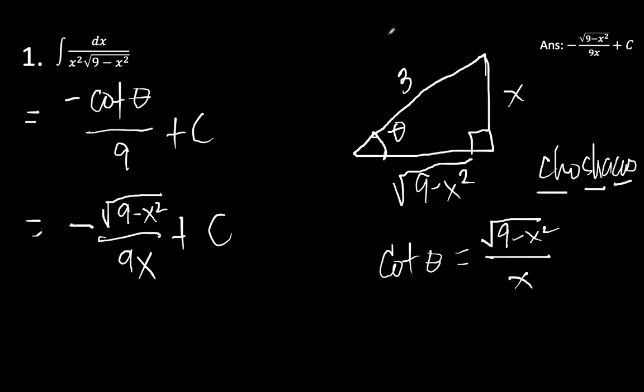So our final answer for problem number 1 is negative square root of 9 minus x squared over 9x plus c. So this is our final answer for this problem. And I hope you got that correctly as well.